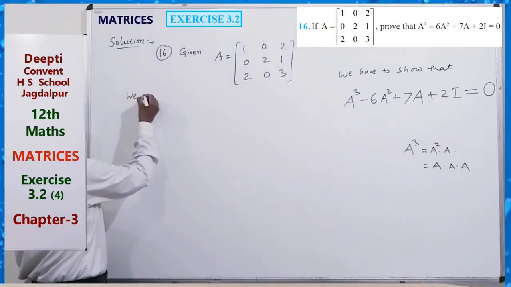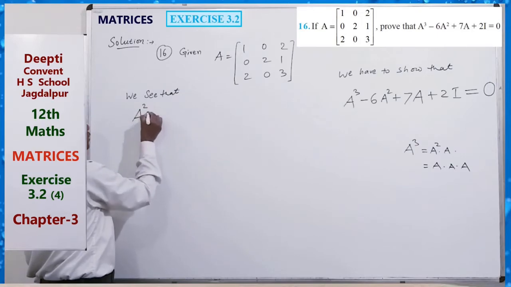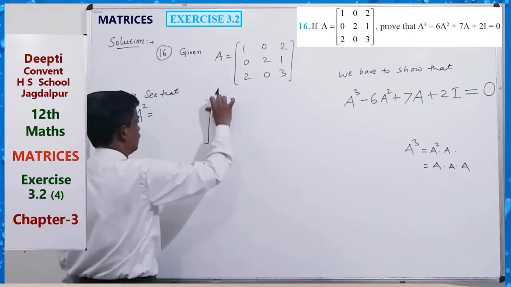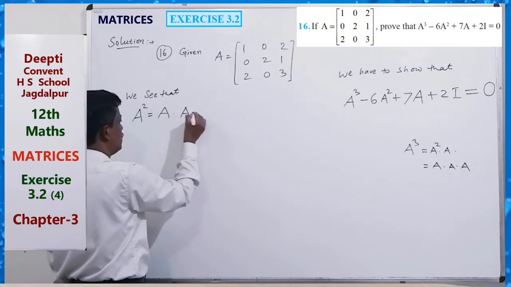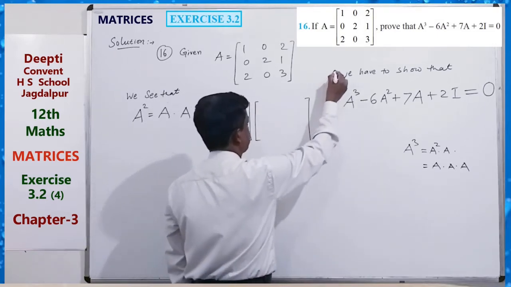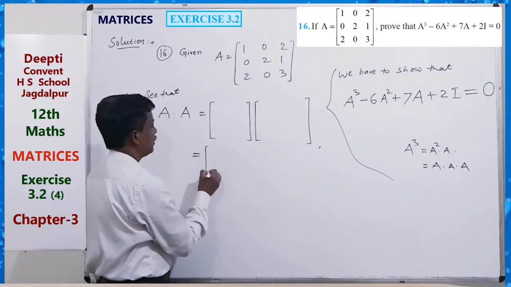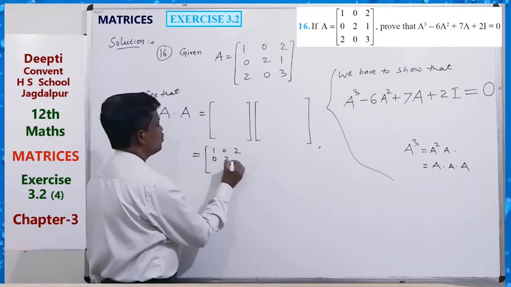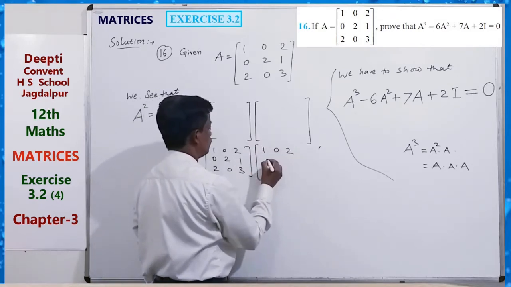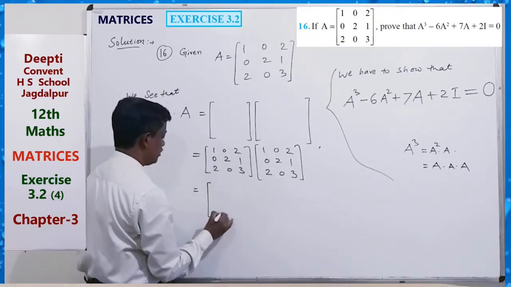We see that A square equals A into A. A is 1 0 2, 0 2 1, 2 0 3, and also here 1 0 2, 0 2 1, 2 0 3.